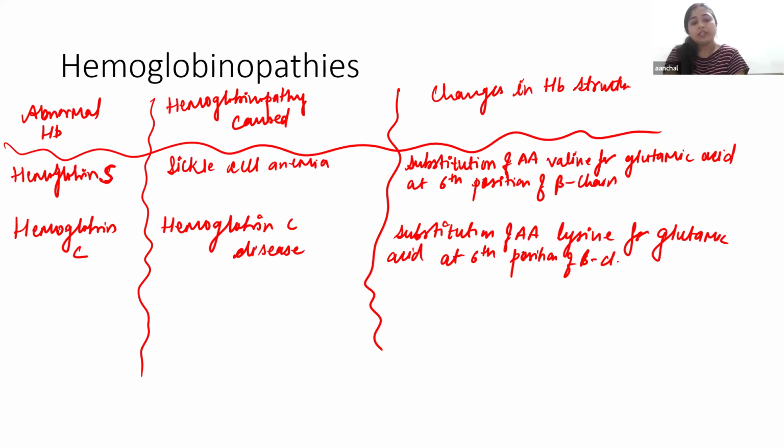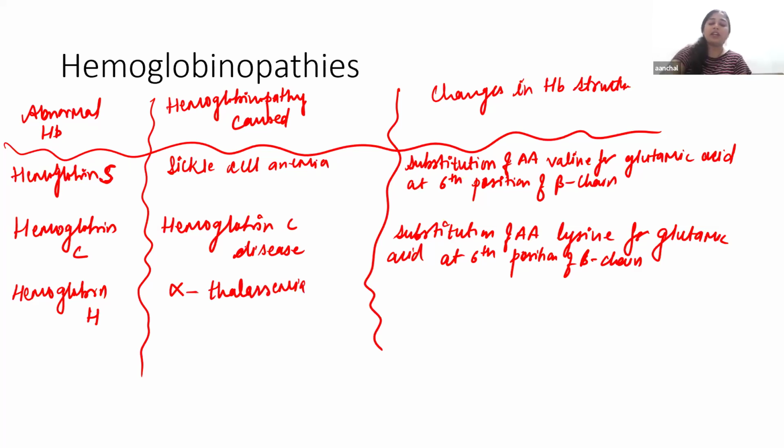Fine. Then third we have hemoglobin H, which is commonly known as a type of alpha thalassemia. So what happens in alpha thalassemia?